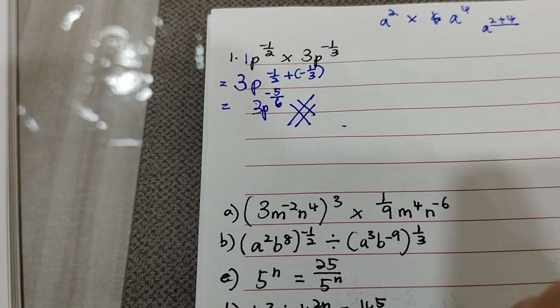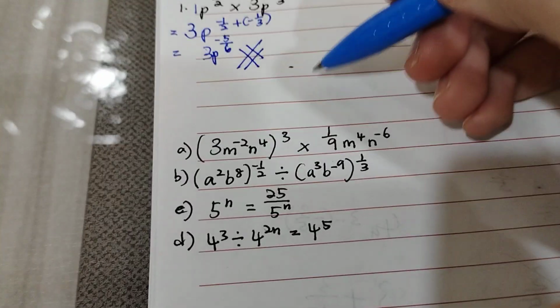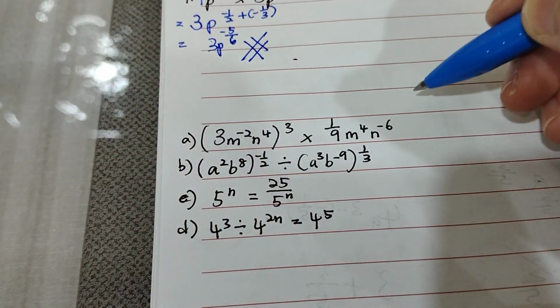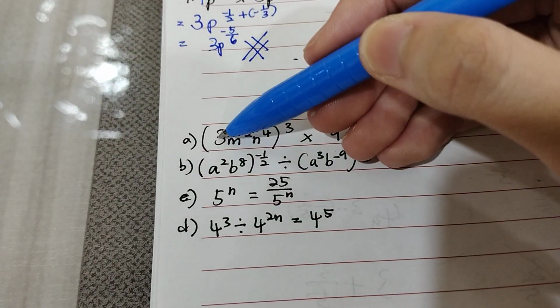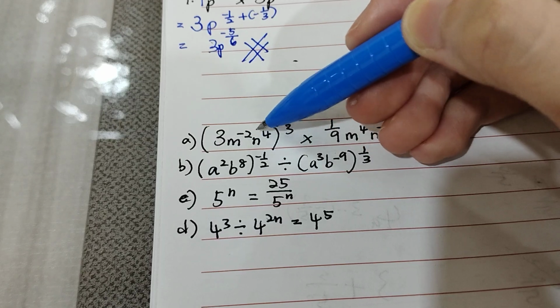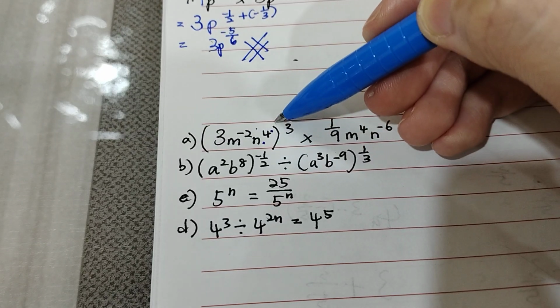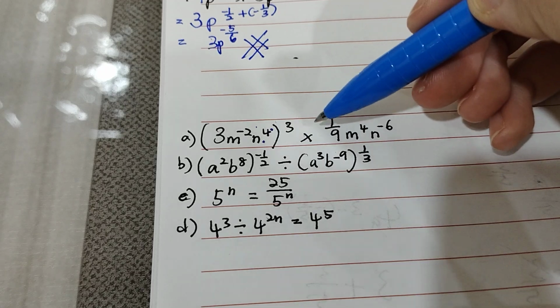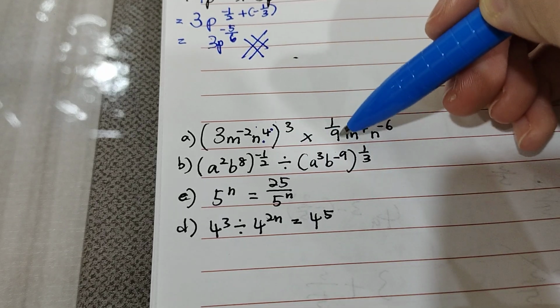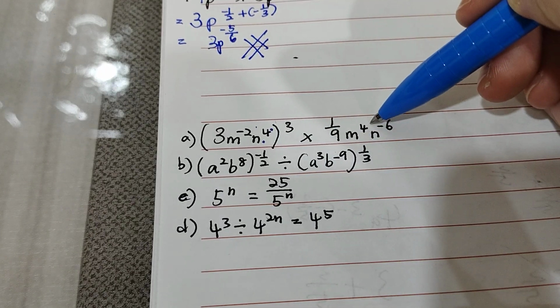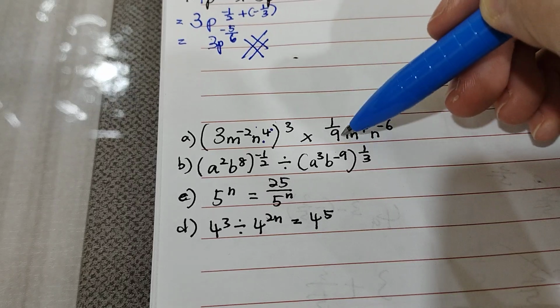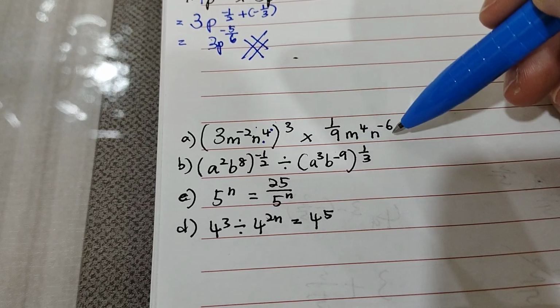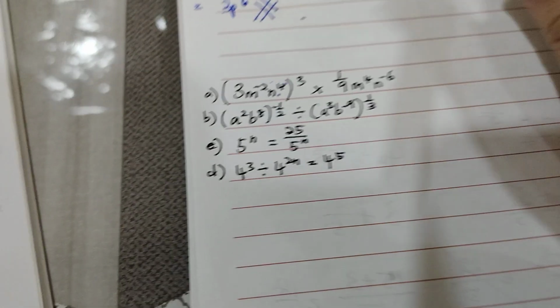So moving on, let's solve something a little bit more complicated. Look at A over here: 3m to the power negative 2, n to the power negative 4, all to the power of 3, times 1 over 9 m to the power 4, and negative 6 as the index.